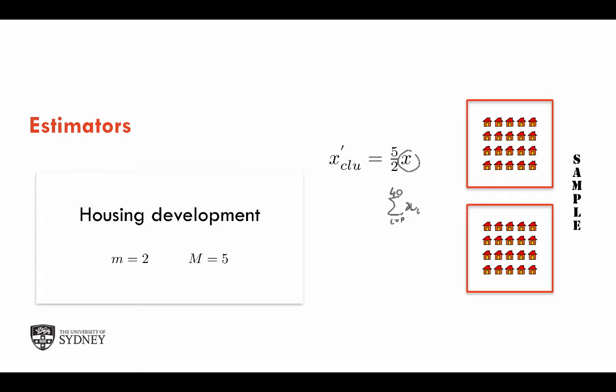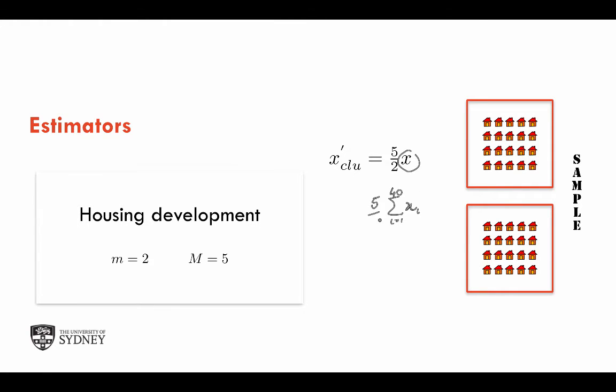And the x is going to be the number of individuals with age above 65 in each one of the houses. So if I sum all these, I get the total number of individuals in the sample with age above 65. And now to get an estimate for the total, I can inflate this.